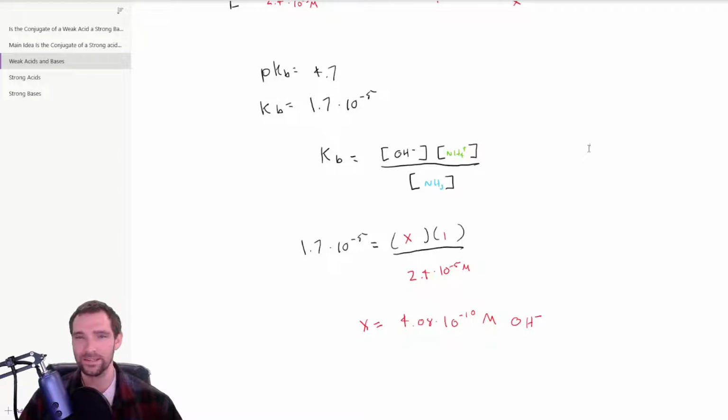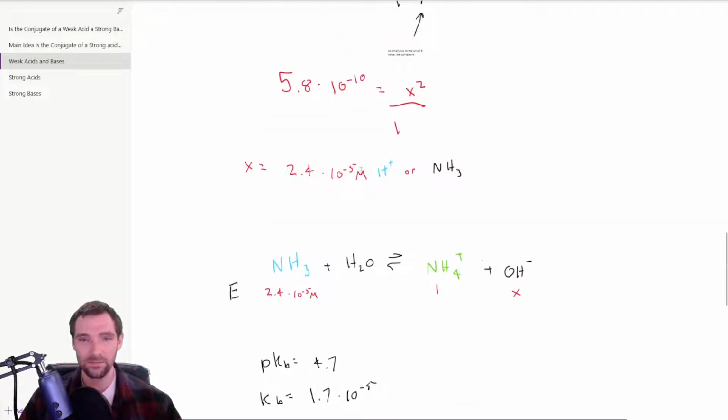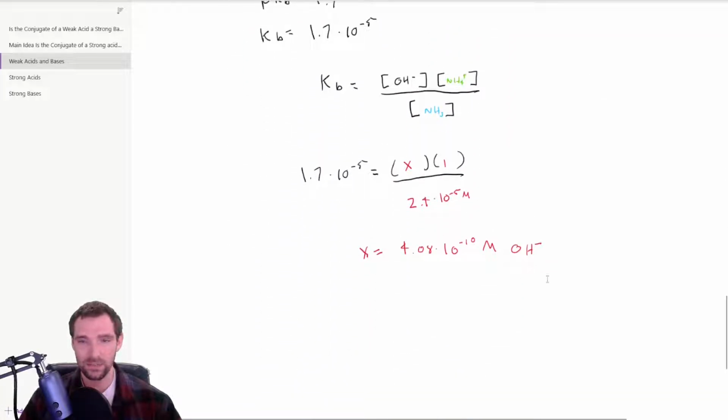Basically, if you know Ka, you know Kb as well. And if you know Ka, you know pKa. If you know one of them, you should be able to figure out the other three using those relationships. And then we can think about this as a little bit of an algebra problem. And if we solve for X, this is how much hydroxide ions we have. So in this solution, we currently have that much hydrogen and that much hydroxide.